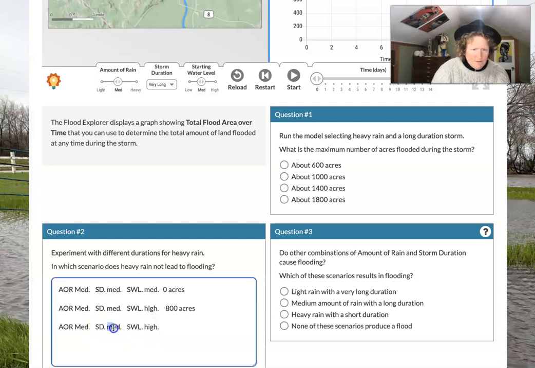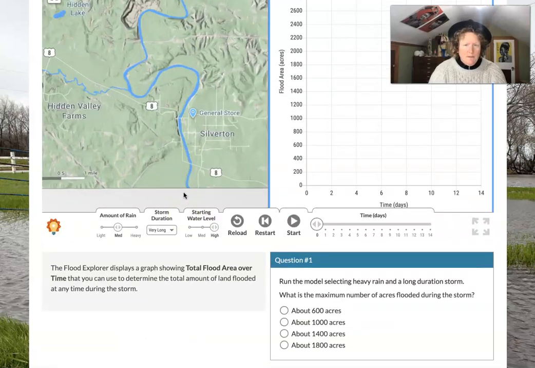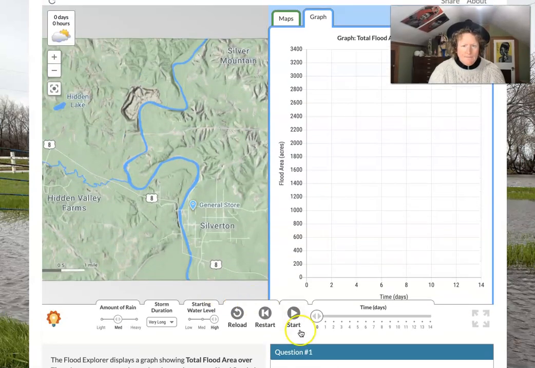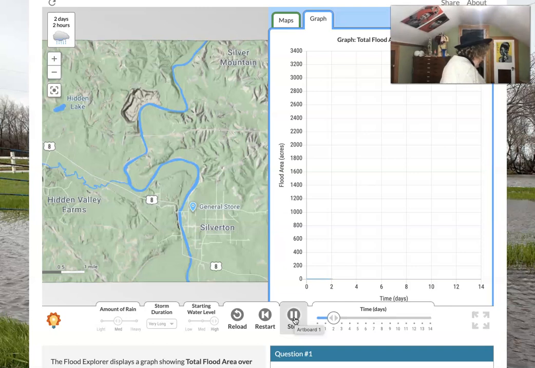So storm duration, very long. We'll keep the starting water level high and we'll keep the amount of rain medium. We'll see how this all works. Are we going to see any flooding here? The starting water level is now high.